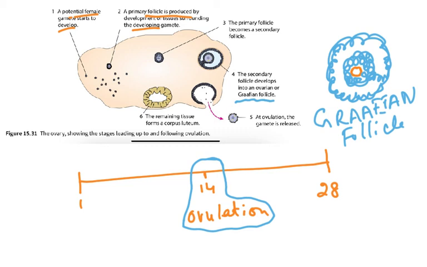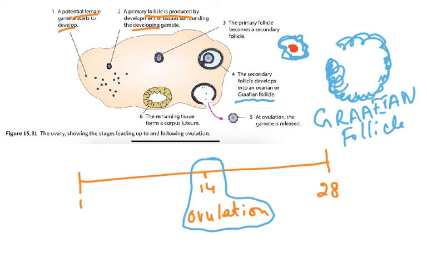Ovulation means that this is going to burst here and this part of it is going to be released, and this will come out, with the gamete in the center. Now what is left behind?